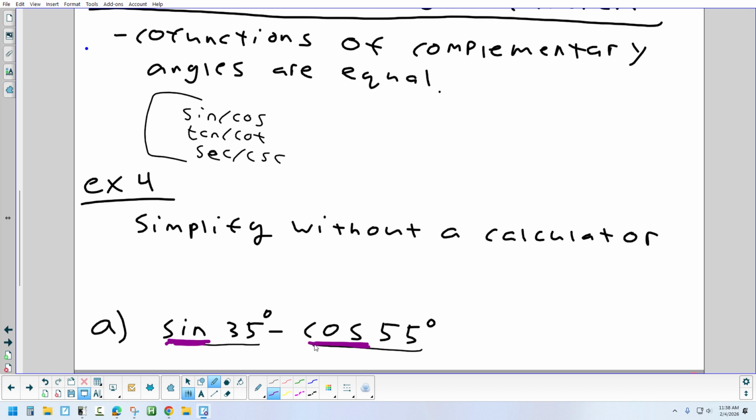Sine, cosine. What are sine and cosine? No, complementary only applies to numbers. These are function names. These are co-functions. Sine, cosine. How about 35 and 55?